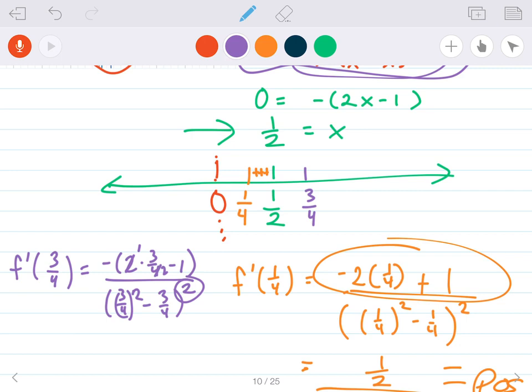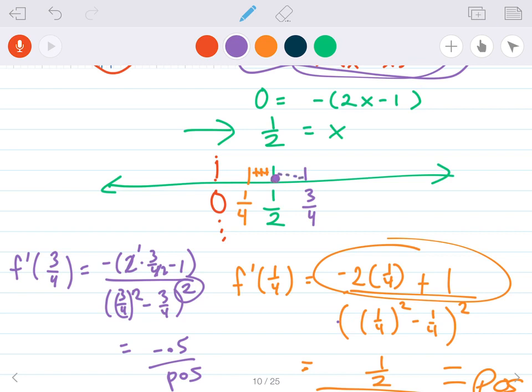So 3/2 minus 1 is just going to be 1/2. So we have negative 1/2 over something positive. Negative divided by positive is going to be a negative. Okay, so then we start going negative here.